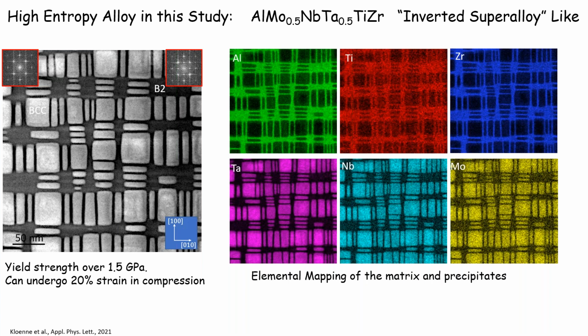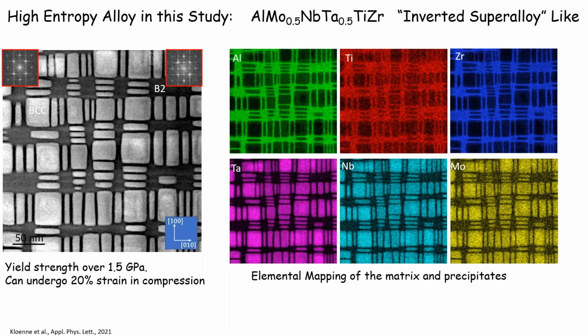That is the reason this alloy has got so much interest, because this alloy seems to have some kind of what we call ductility in our world, even though the darker regions, which are ordered regions, tend to be brittle in other alloy systems.